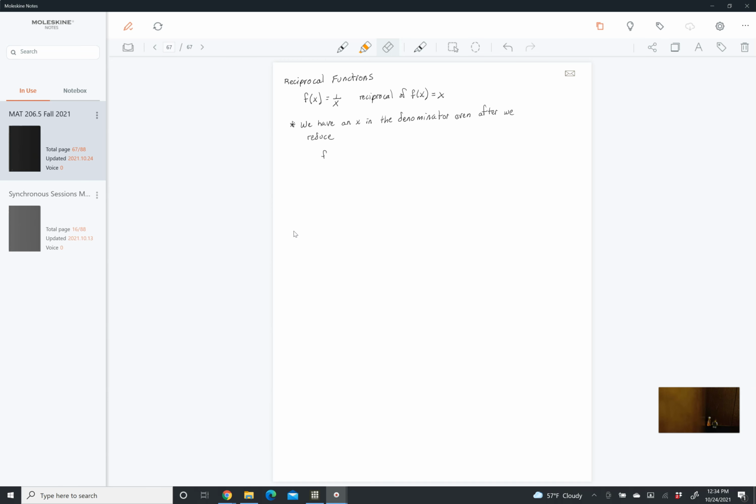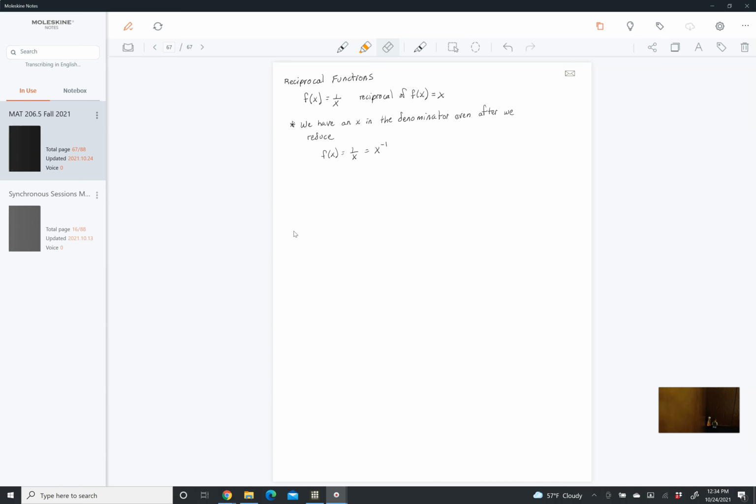I'll remind you that f of x equals 1 over x is the same thing as x raised to the negative first power, right? So it's not a polynomial function. Polynomial functions only have positive powers.